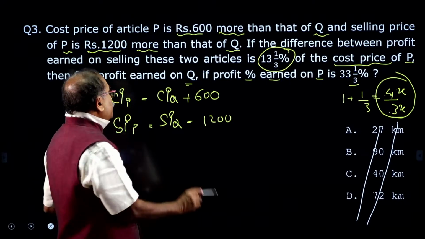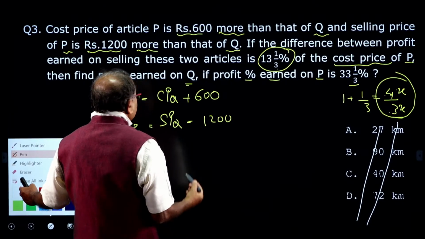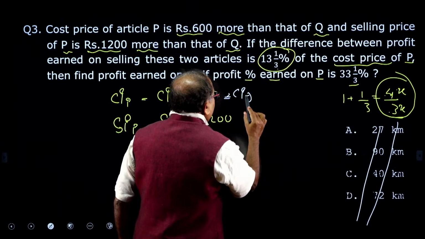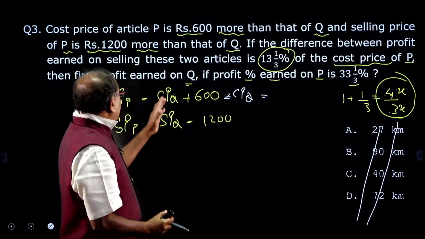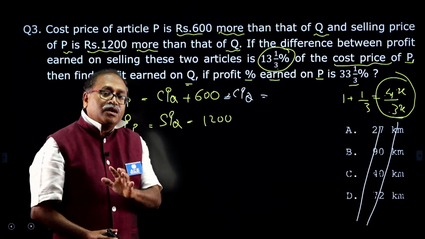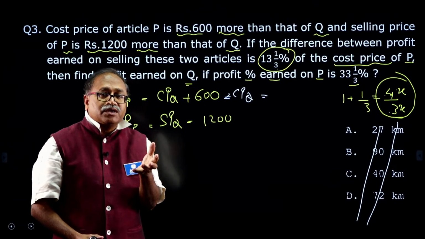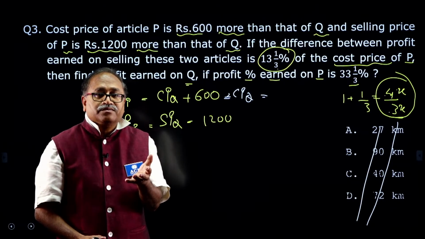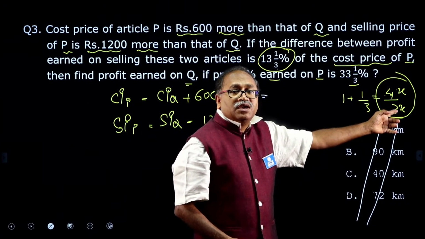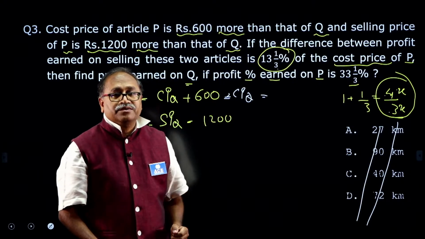Now, I am applying over here, that is cost price of Q, which will be equal to the cost price of P minus 600. Why am I doing so? Because this cost price and selling price I can convert in the form of x. I have taken cost price as 3x, selling price as 4x.